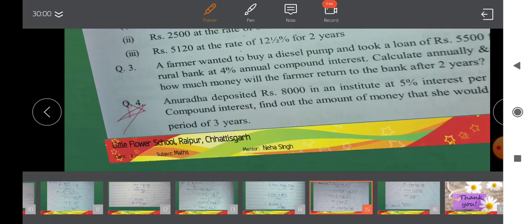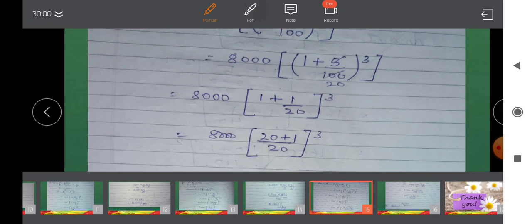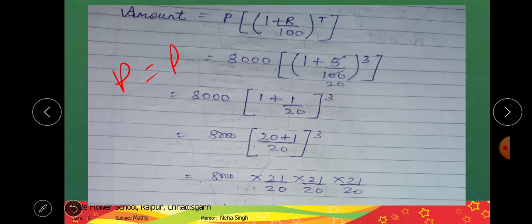So see, principal, rate and time is given. For this also, first you will write principal equals to rupees, rate equals to, and time equals to, right? After writing these given details, you are going to start the solution here. Amount equals to P into 1 plus R upon 100 power T, right?